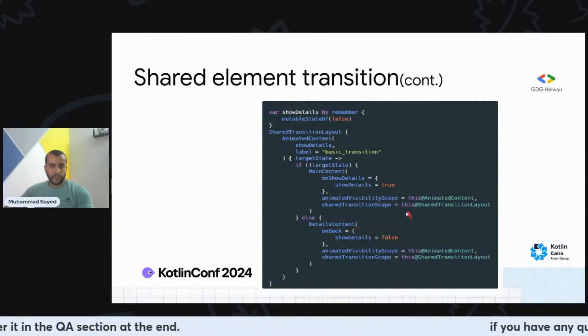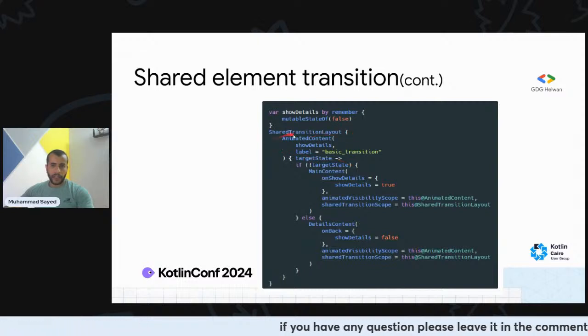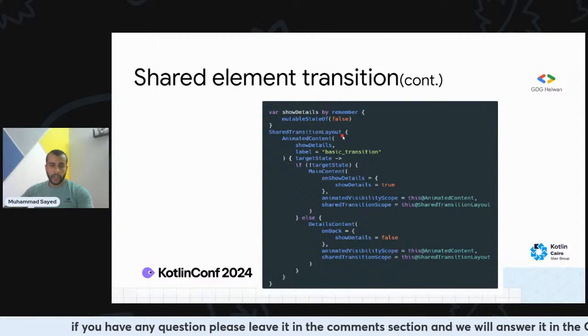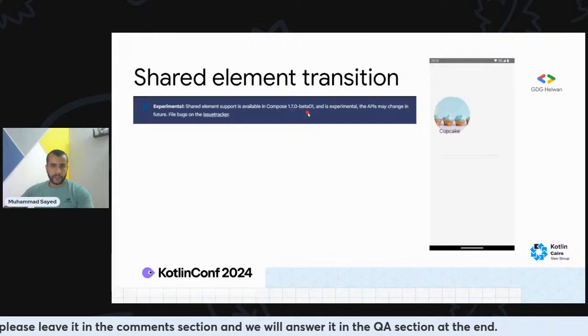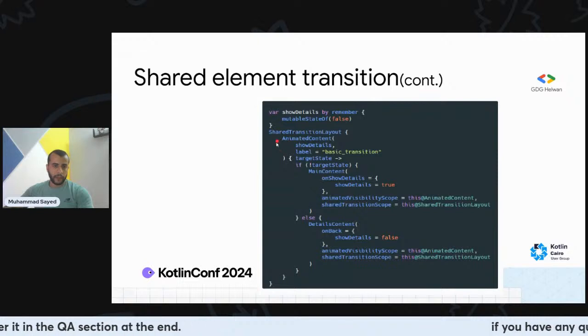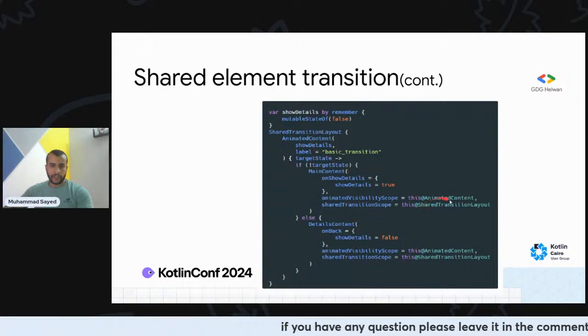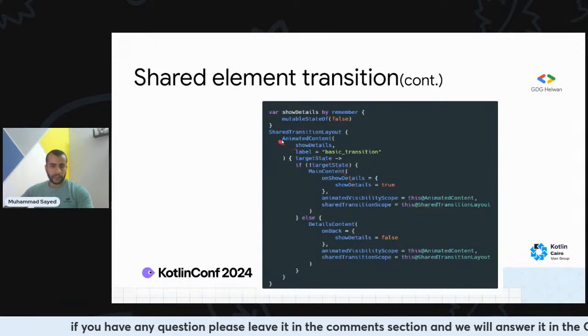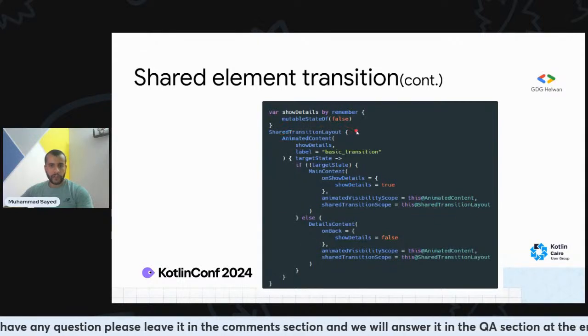What we are going to do here is add a shared transition layout very easily once we put the dependency of the transition, updating the Compose version to this version. We can easily import this shared transition layout, wrap the whole container with it, and then inside it, we just refer to the context of this composable.